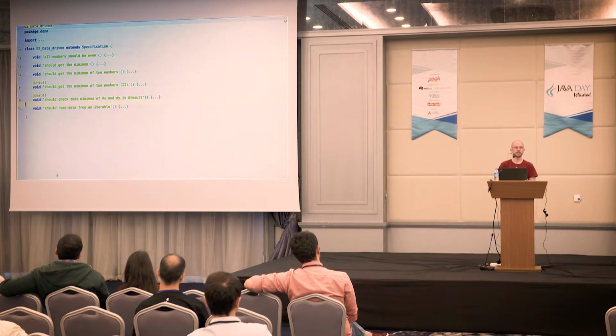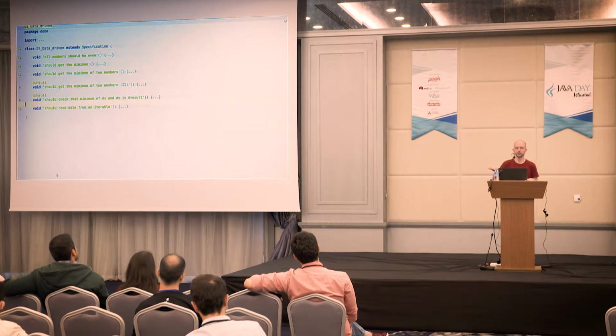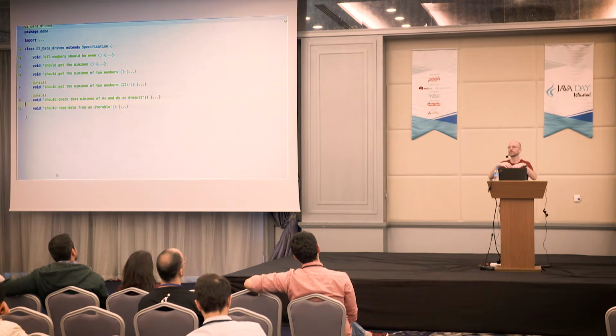Okay, data tables. This is for me one of the most interesting and killer features of Spock. So sometimes you need to test code that is just the same code, but you need to test that code with a lot of different inputs, right? Imagine you are developing some complex algorithm, and you want to put a lot of different values in that algorithm. In this case, it's pretty simple. I'm just checking that the number is an even number.